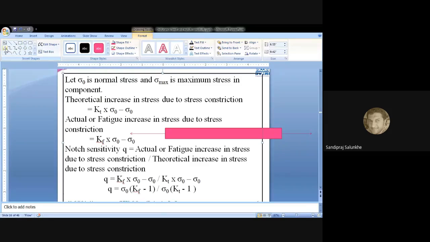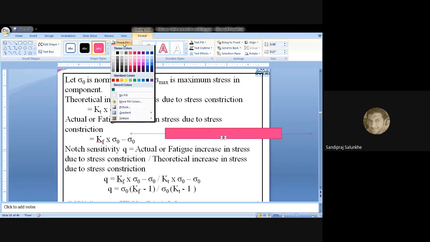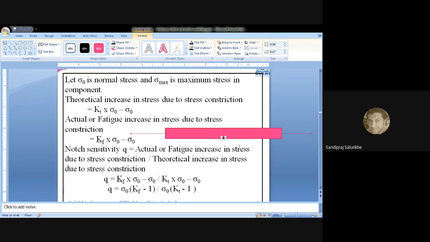And if we create a notch in that geometry, then this notch will again give some rise in stress concentration, or stress will get concentrated over there.